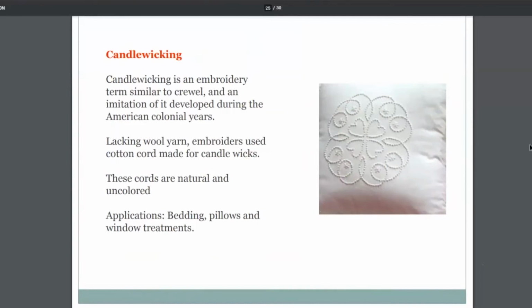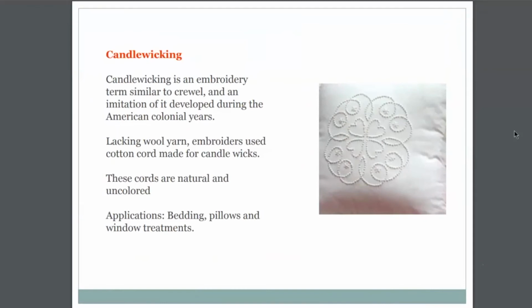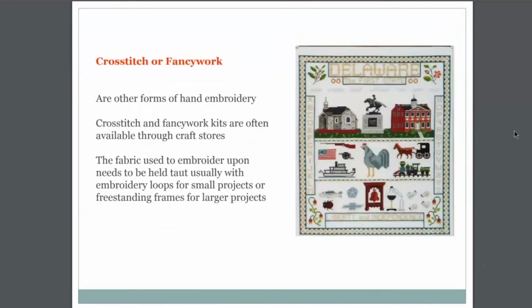Traditionally, in terms of patterns, it's very American colonial folksy types of designs, not as sophisticated as its crewel European counterpart. So cross stitch or fancy work is another form of embroidery. In cross stitch, there are all types of cross stitch kits available, still today in pretty much any craft store.